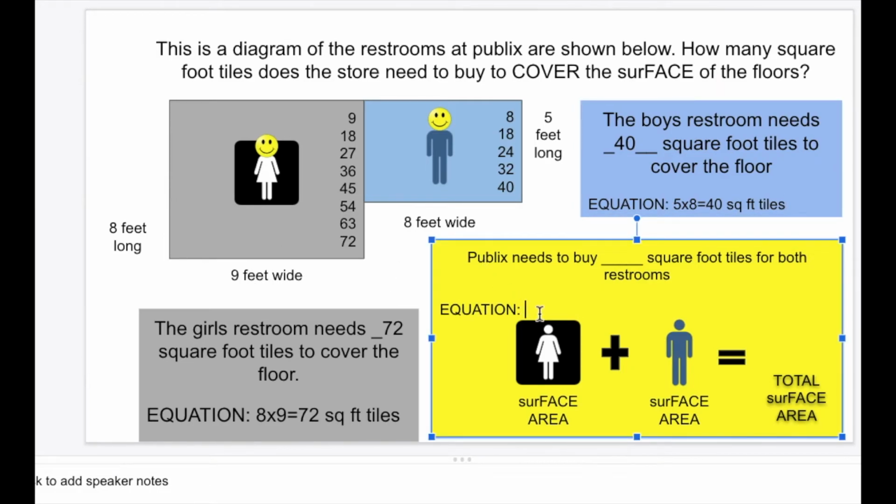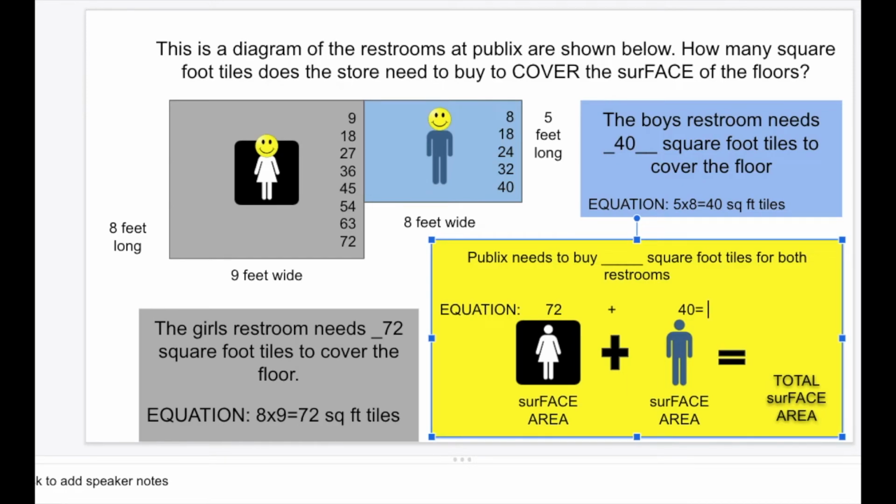So the girls' surface area would be 72 plus the 40 equals. And I really like some of the work that I saw today, so I'm going to show you an example of one of the kids that I saw how they figured this out.